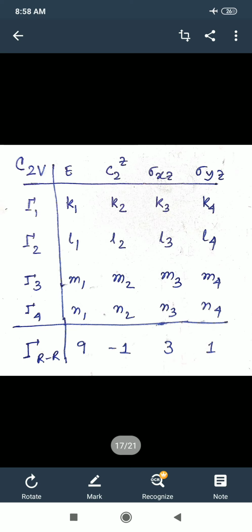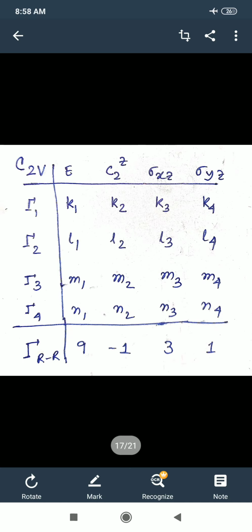So according to rule number 2, we can easily say that K1 square plus L1 square plus M1 square plus N1 square should be equal to h, that is, the order.